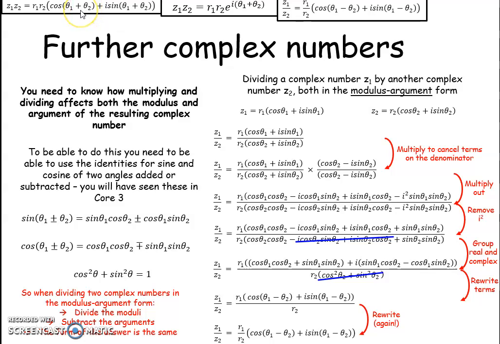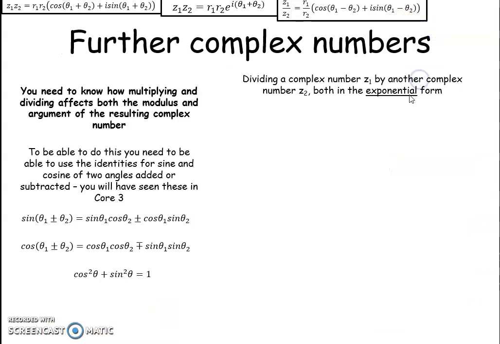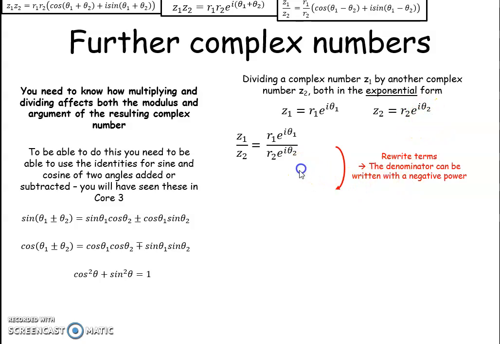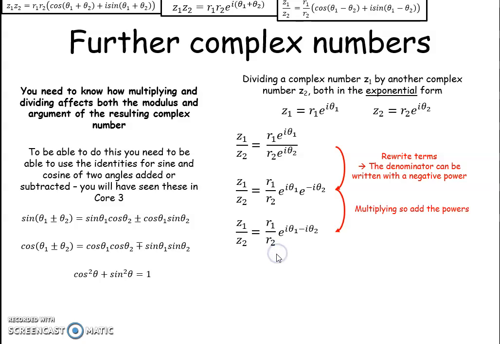In multiplication we add the angles, but in division we subtract the angles. So in exponent form, Z1 is equal to R1 e raised to the power i theta 1, Z2 is equal to R2 e raised to the power i theta 2, and when we divide we subtract the powers, and we get e raised to the power i theta 1 minus i theta 2.